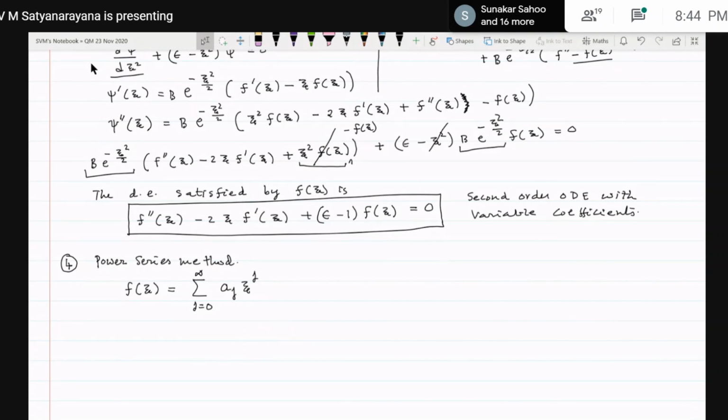I'm sure you have done this in many mathematical physics courses, in quantum mechanics courses, etc. So what we have to do is we substitute this in this equation.